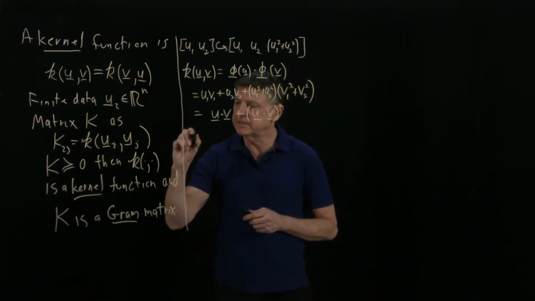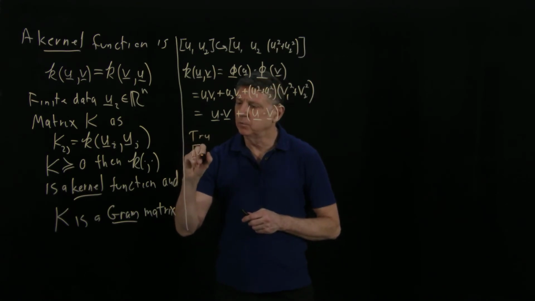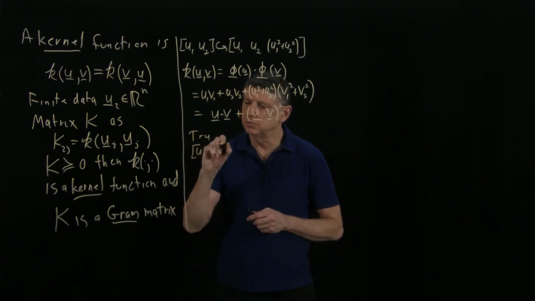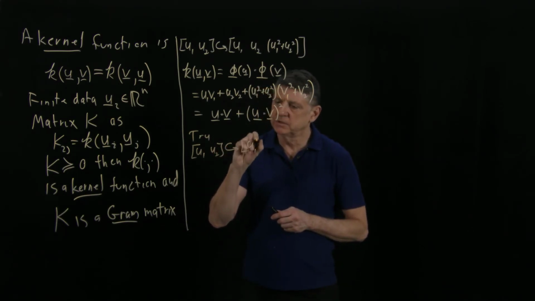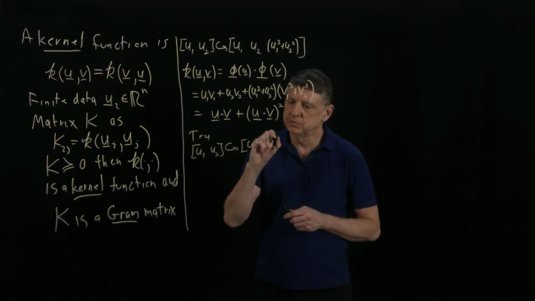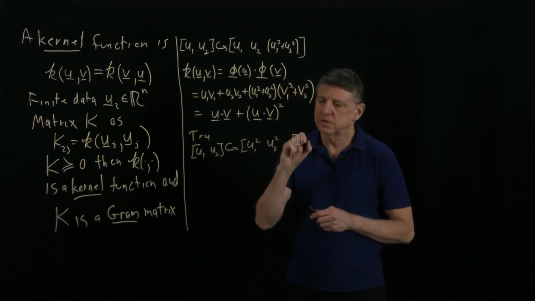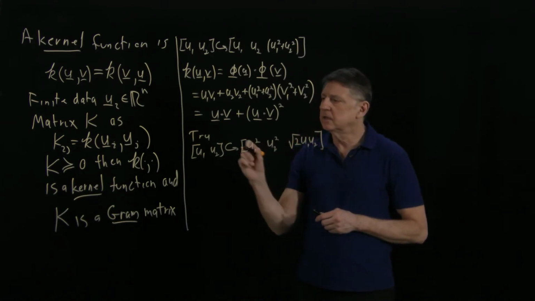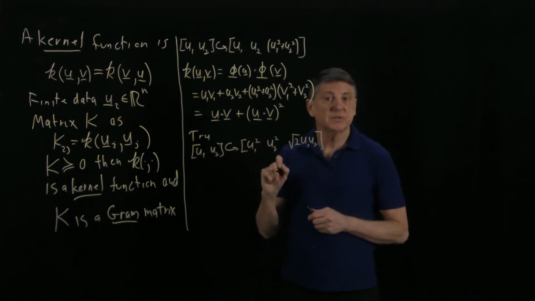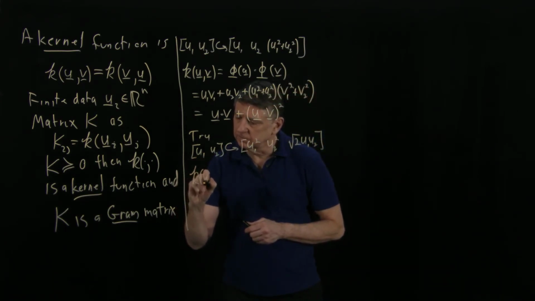Okay, so let's now try our other embedding. It was U1, U2, and we embedded that as U1 squared, U2 squared, and then this other term was the square root of 2 times U1 U2. Now let's find its kernel function.